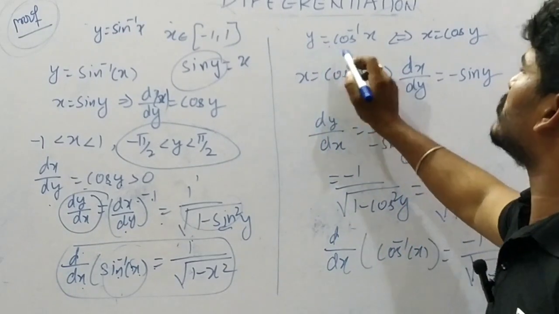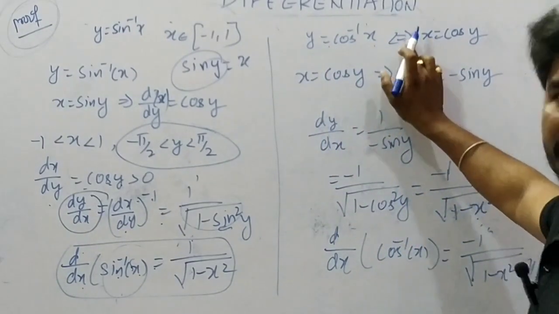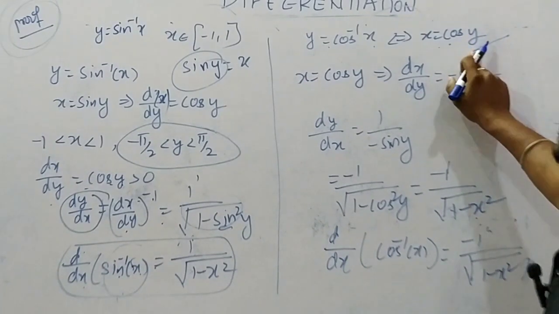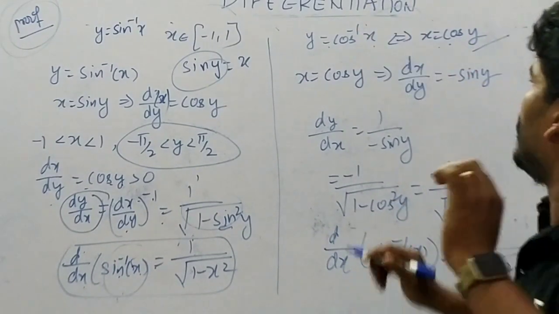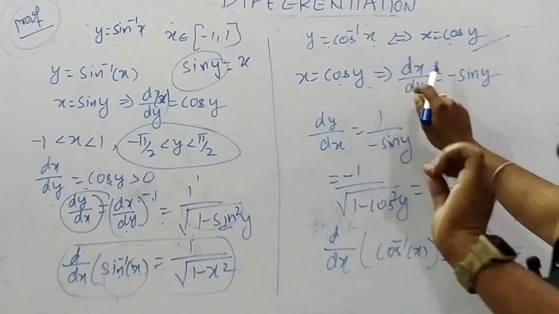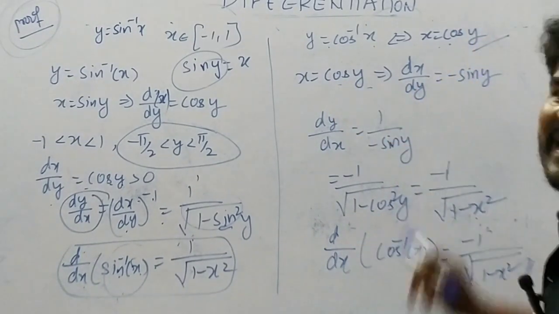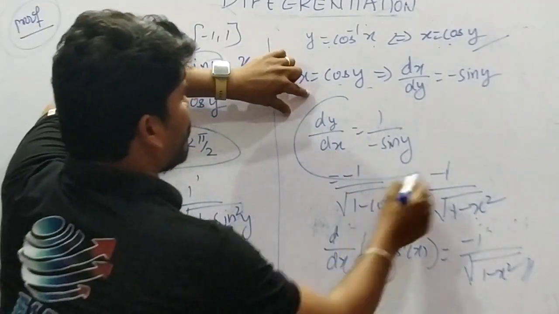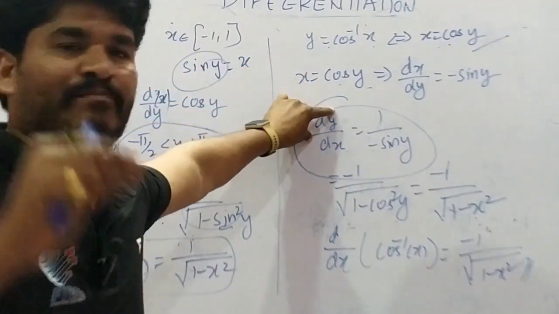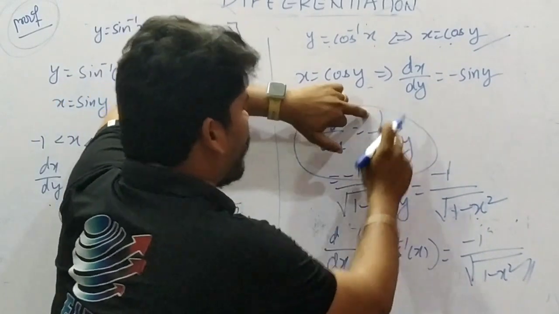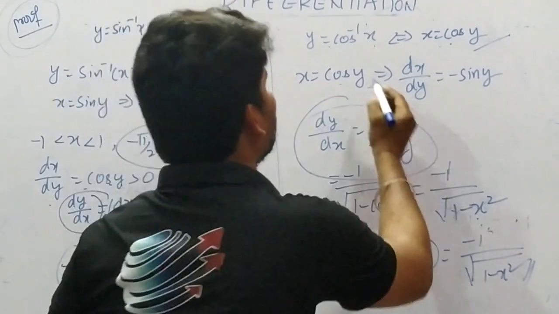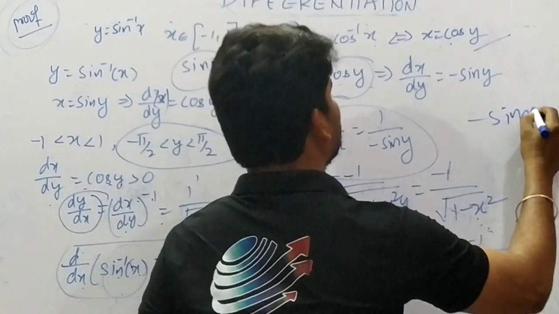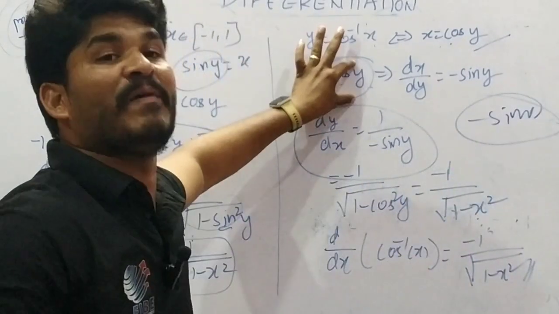Next is y equals cos inverse of x, so x equals cos y. Therefore dx by dy equals minus sin y, so dy by dx equals 1 by minus sin y. Here we apply the differentiation formula: d by dx of cos is minus sin, in terms of y.